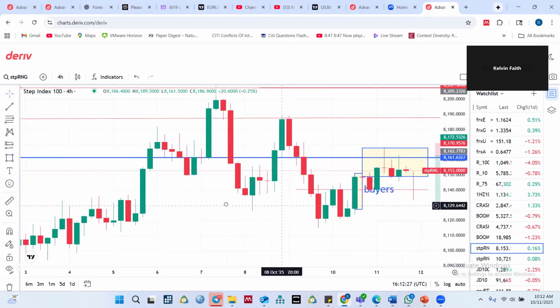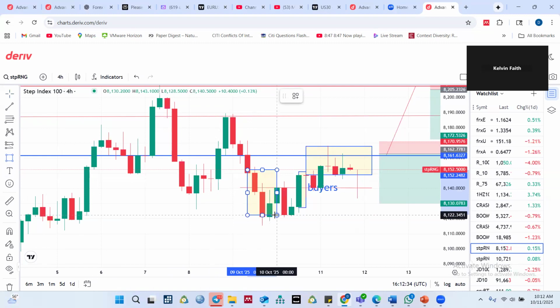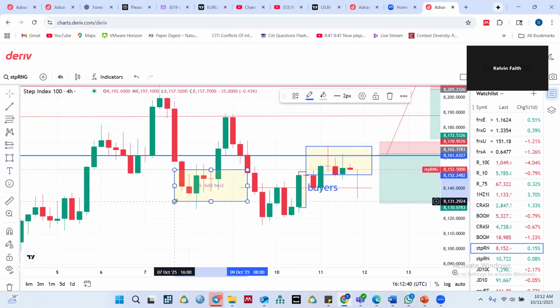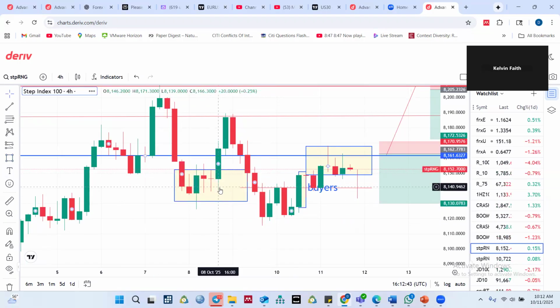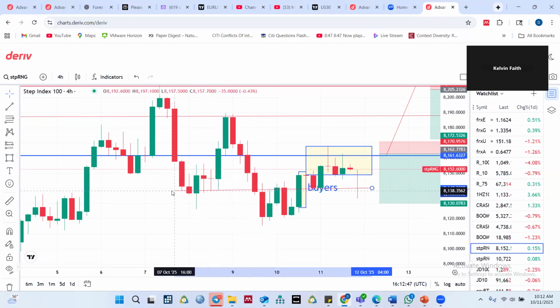So this is an engulfing pattern, or you see consistent closes of bearish candles that broke structure. What structure did it break? It took out these lows.